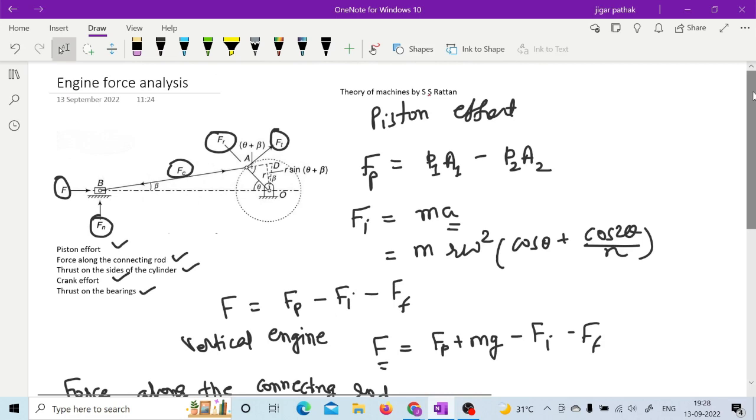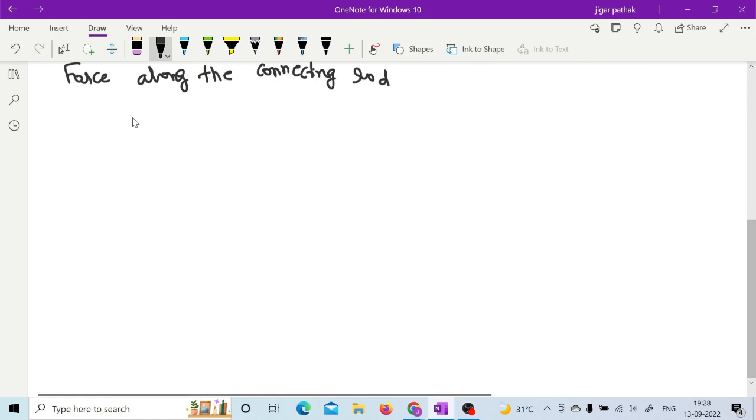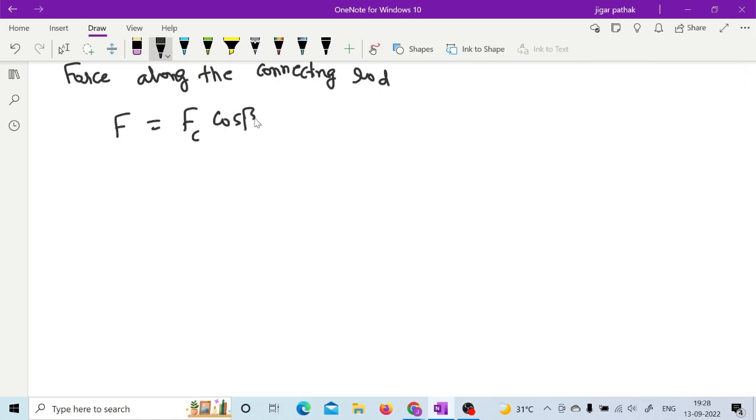From the geometry of the figure, this F is equal to Fc cos beta, right? From the figure it is clear that F is equal to Fc cos beta. So in short, you can calculate your force along the connecting rod from the piston effort if you know this angle beta. So this Fc can be given by F upon cos beta.